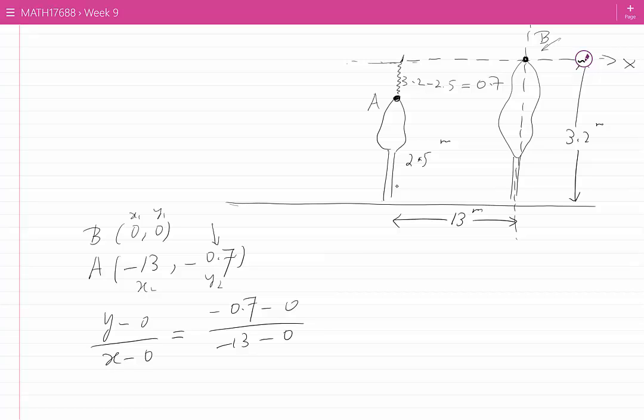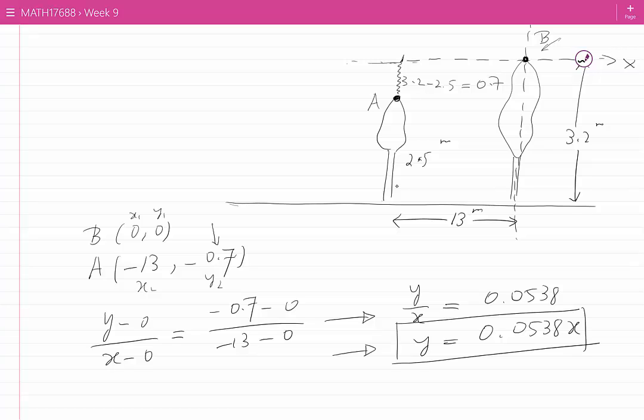I can use a calculator and find the right hand side. I would have y over x on the left hand side is equal to 0.0538, and if I cross multiply both sides of this equation, I will have y is equal to 0.0538 times x.